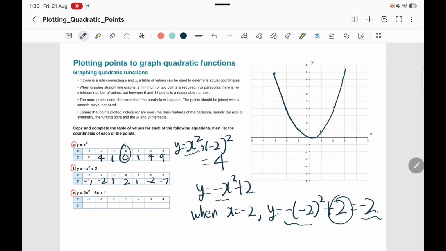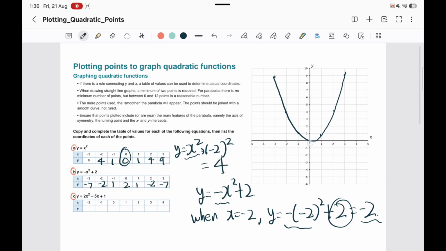So we learned the concept of the vertex, or turning point in other words, and also the axis of symmetry. In this case, the y-axis is the axis of symmetry, and the origin is the vertex.